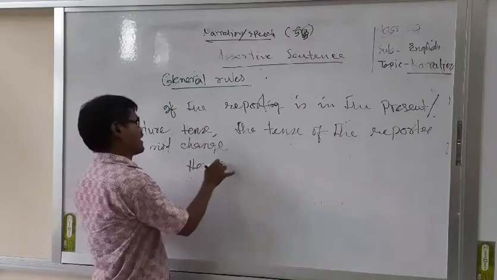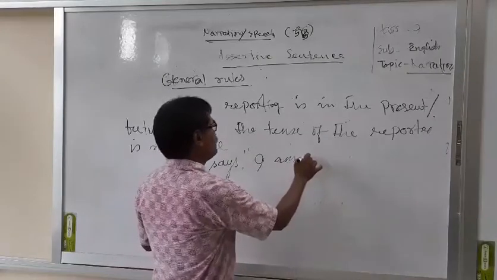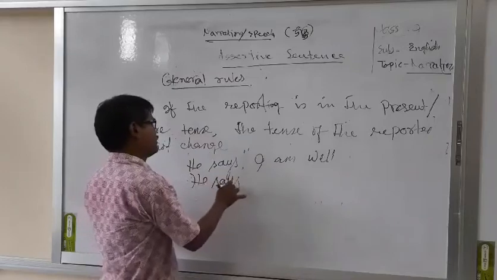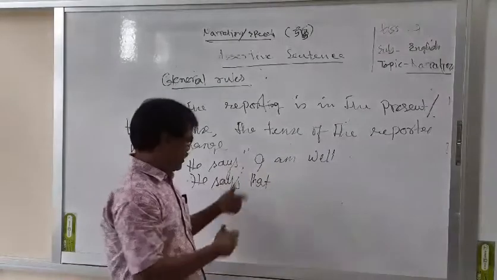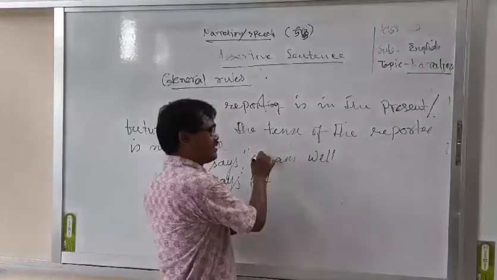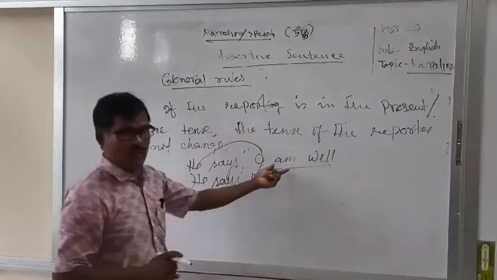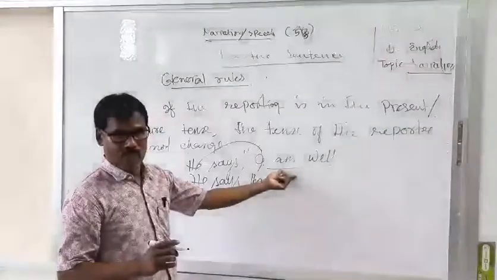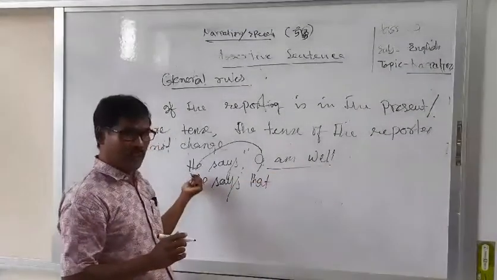Example, he says, I am ill. He says that, the comma and inverted commas are omitted. If the person of the reported speech is in the first person, it will always be changed according to the subject of the reporting speech.